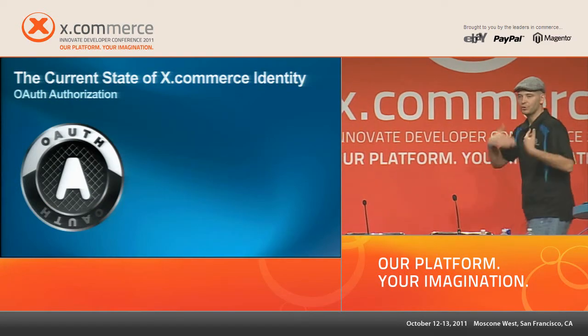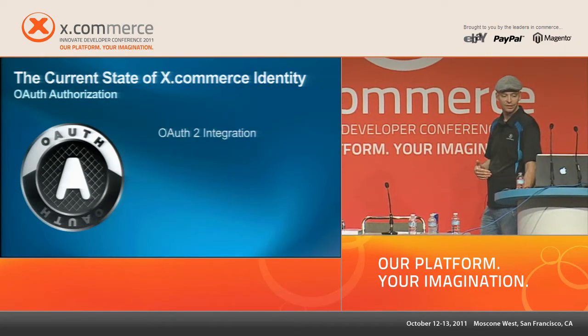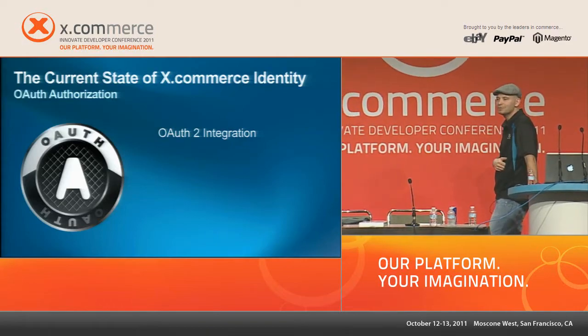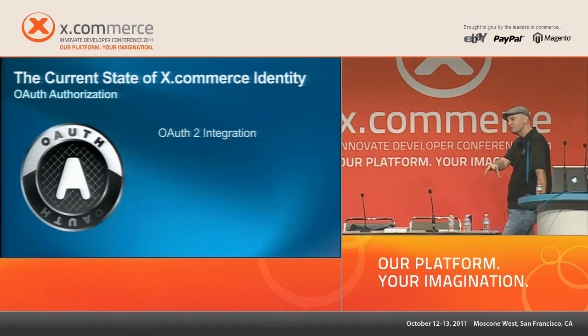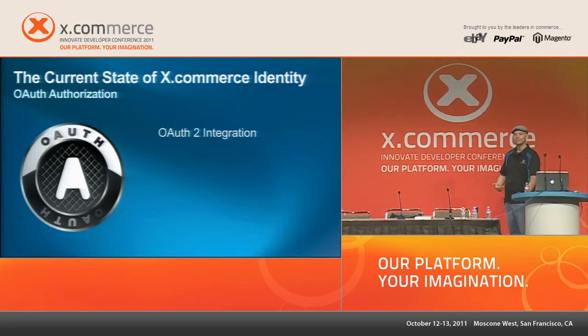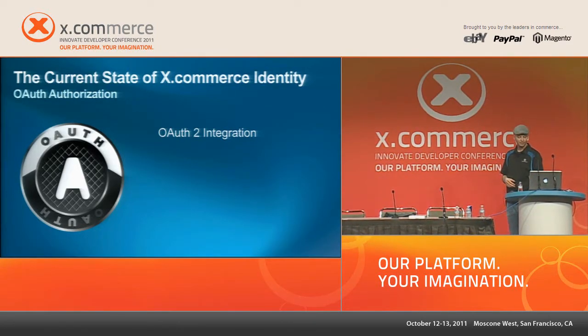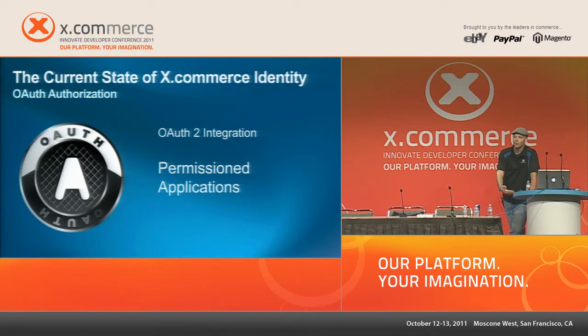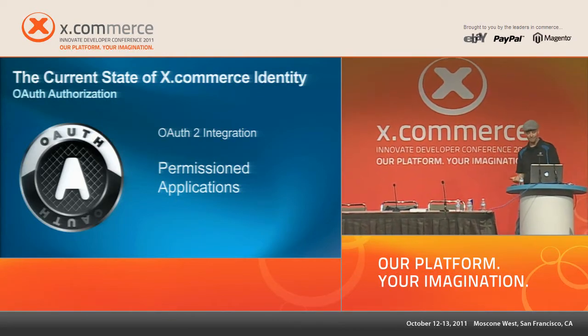OAuth implementation. So what we have for our applications is a simple OAuth 2 integration, allowing you to build those permissioned apps. Those apps that you see like upsell widgets within a marketplace. All of these things that bring value to the user identity. Permissioned applications, so those are going to be just the users going through the process, and we'll have to permission these applications so that they can access their data on your behalf.